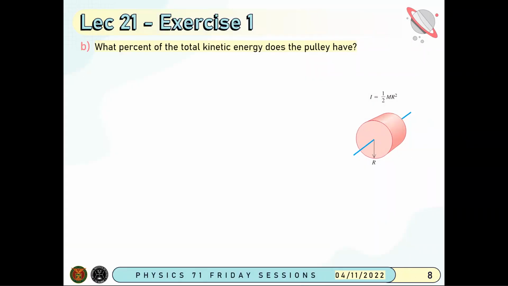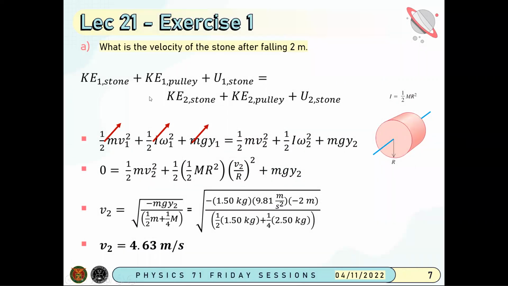Next, what percent of the total kinetic energy does the pulley have? Okay. So, again, from before, may dalawa tayong kinetic energy. Kinetic energy ni pulley and then kinetic energy ni stone. So, this is your total. Ito ngayon yung total kinetic energy. Right?